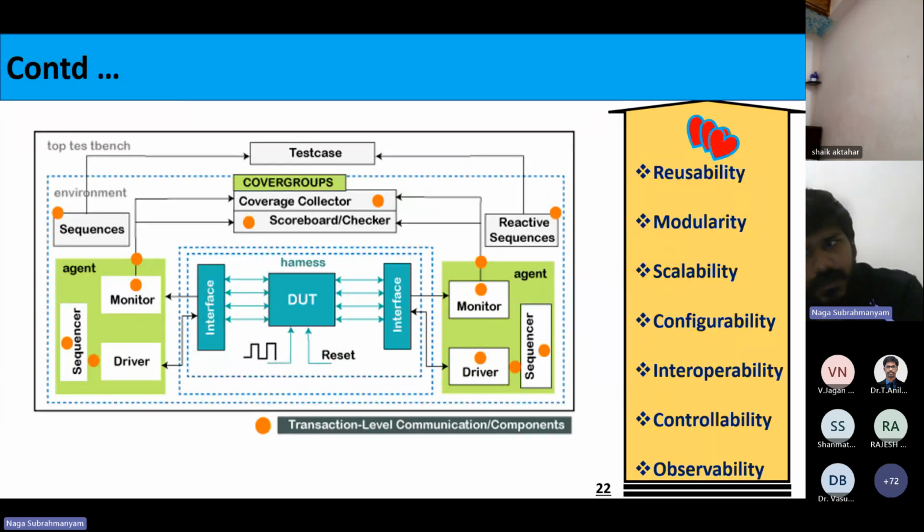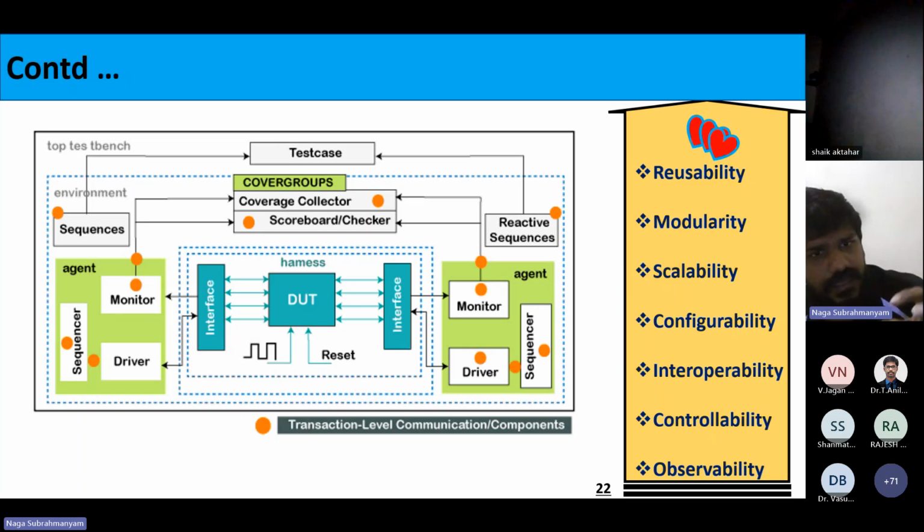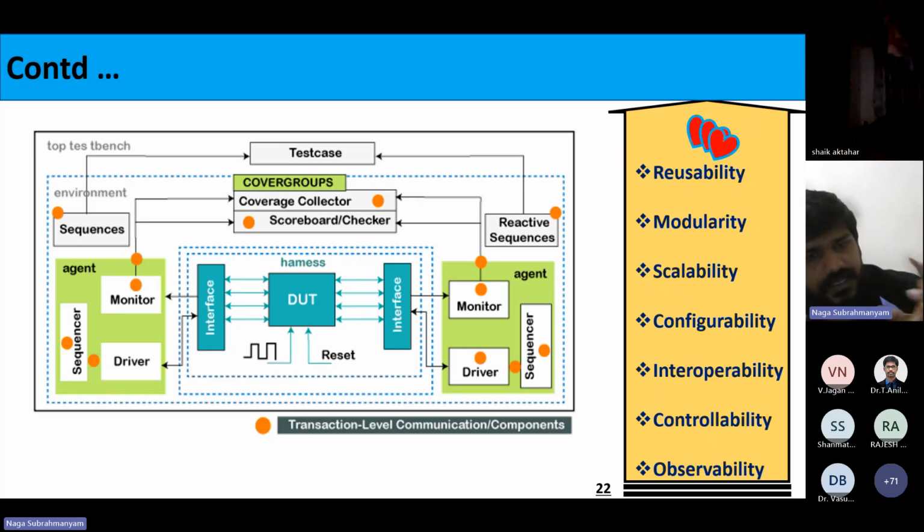Interoperability means the 100 environments can talk to each other. Let's send the data like this, let's take the output like this, so that they can talk to each other. Like that we can connect them. Controllability, we can control extensively.